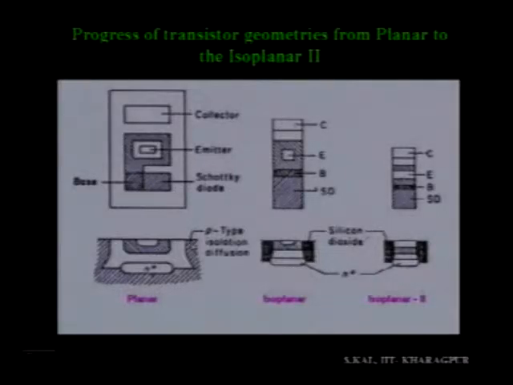Now you see, since the P isolation is a deep diffusion from the surface, this isolation region should reach up to the substrate. So you have to diffuse for a very long time, and if you diffuse for a long time, the dopants will move not only downward vertically but also laterally.